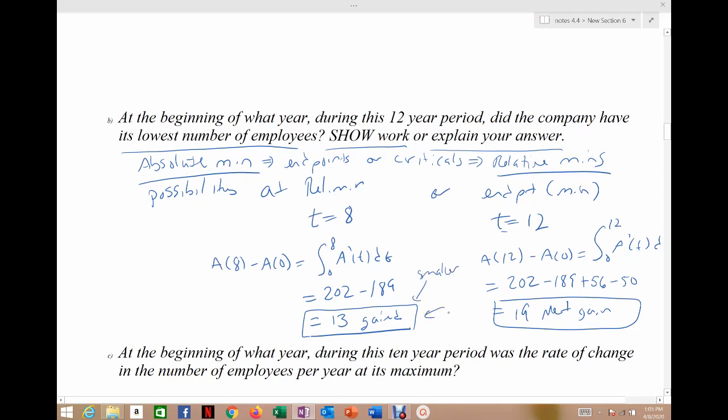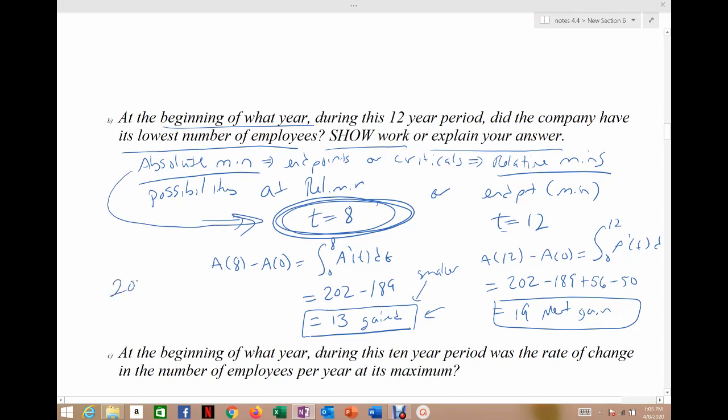And so this is the one I want. That means this would be the minimum amount of employees that we would have. So 8 years into the study, we reach our absolute minimum, which would be the beginning of what year? I have to go back. So this is my absolute minimum, and so it's 2010.